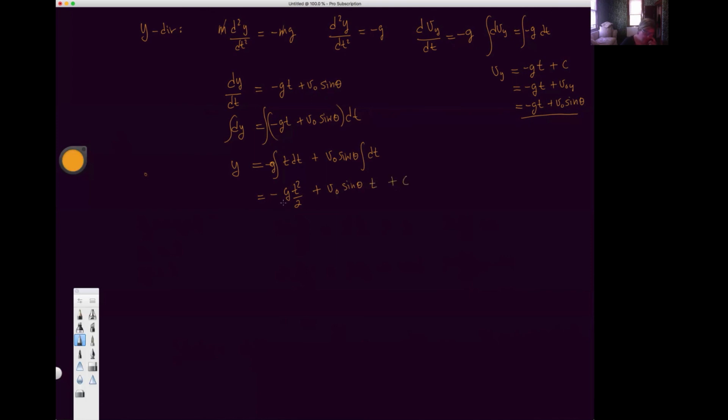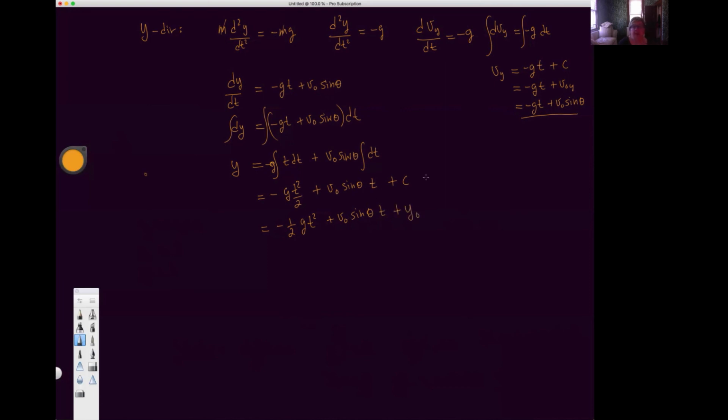At t equals 0, these terms will be gone, and this is going to be the initial y, which most of the time is 0, but we might as well put it in. So we know this is -1/2 gt², which should be very familiar, plus V0 sine of theta times t plus y naught.